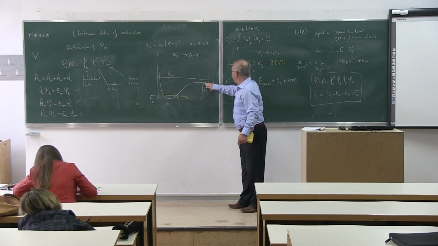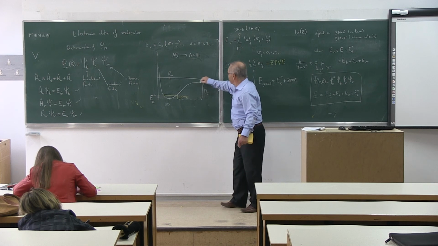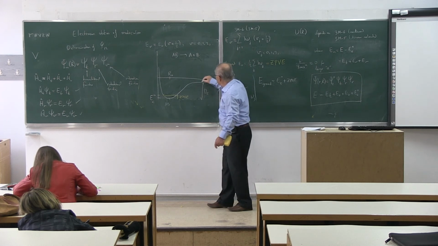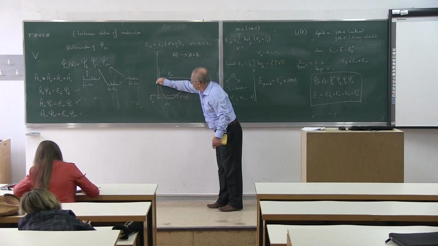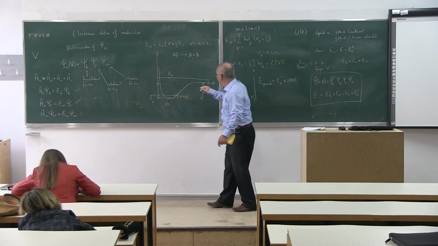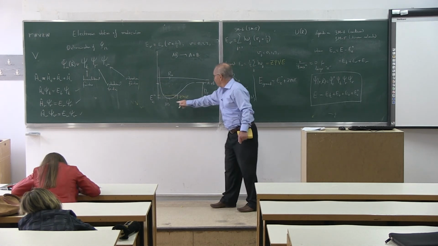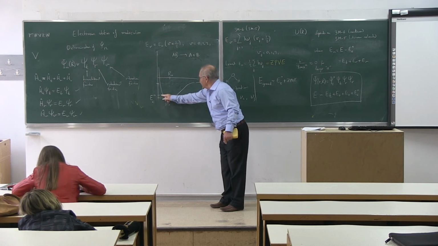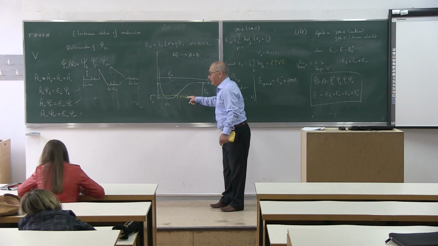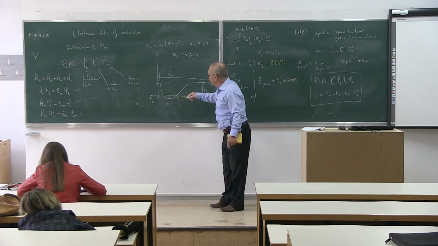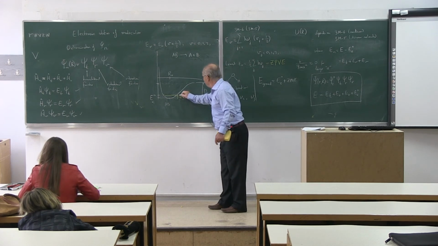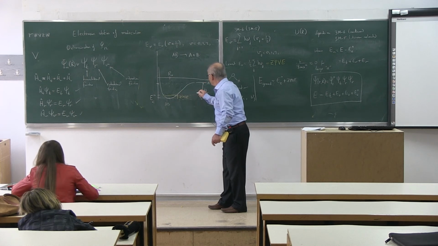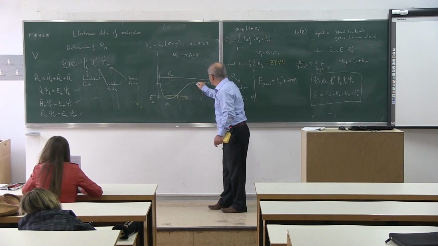Now, the total energy of A plus B is this value here. But the total energy of the bound molecule is not the electronic energy, but it is electronic energy plus the 0-point vibrational energy. Therefore, the true dissociation energy is this difference.